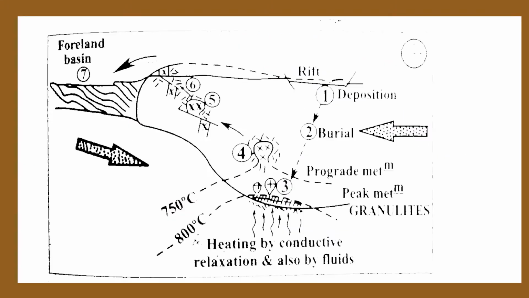A cross section in figure 2 on the screen shows the different stages from deposition to burial to recrystallization to exhumation of a rock, in the form of a clockwise pressure temperature path characteristic of plate tectonic evolution of orogenic belts. Contrary to this, there are geological situations when rocks show an anti-clockwise path, in which heating occurs first and then loading and exhumation.